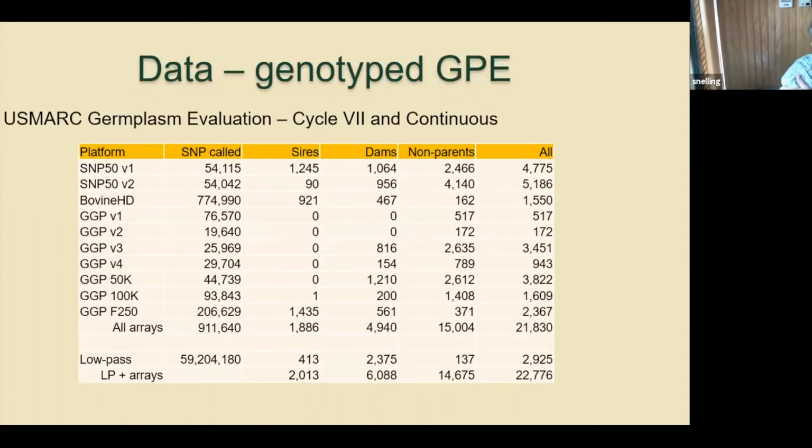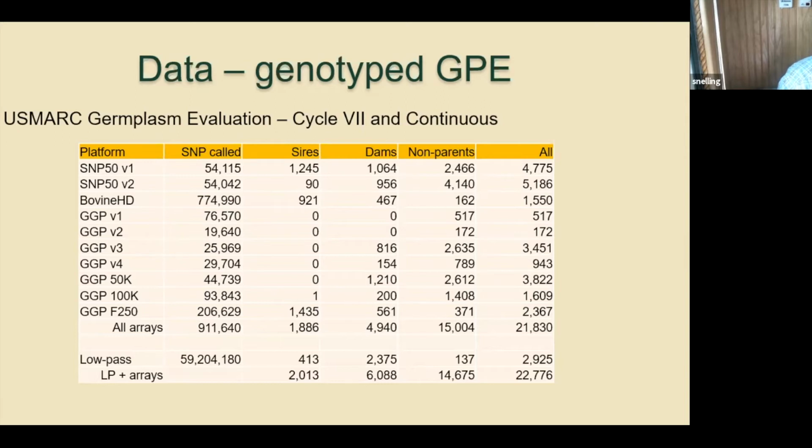The data we used were all from the germplasm evaluation project, where we've so far genotyped almost 22,000 animals with one array or another. Combining all of the arrays, we've got genotypes for over 900,000 different variants, mostly on the bovine HD chip and the GGP F250.